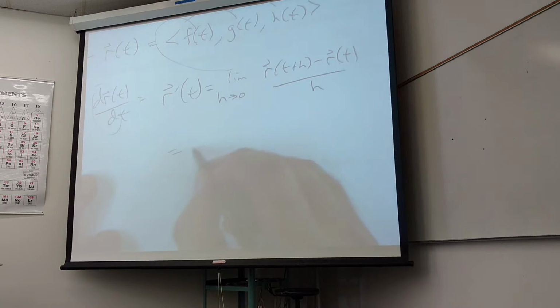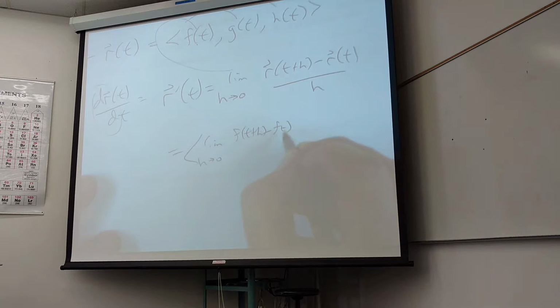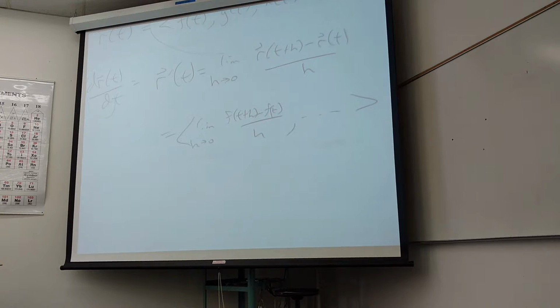So this would be the limit as h goes to 0 of f of t plus h minus f of t over h, comma, and so forth. You guys get the idea. So it is exactly what we would hope it would be. The derivative of r of t is just going to be the derivative of each piece, each component. Thank God, because they inherit the properties that they have.